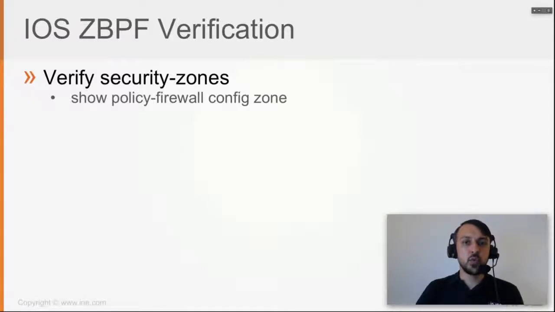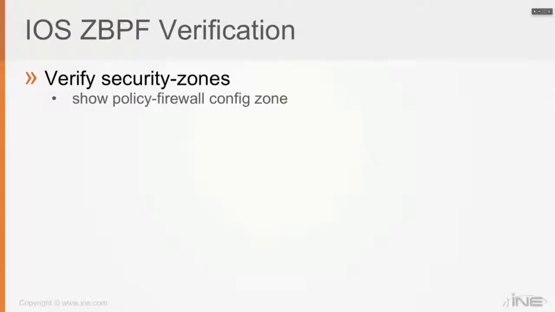So the old commands were a bit different. It was something like show zone security, show zone something. You should no longer use those commands because first of all, they're probably obsolete, and second of all, you cannot see everything with the show zone commands that you can see with the show policy firewall commands. Some things will not be available for you to verify using the show zone commands.